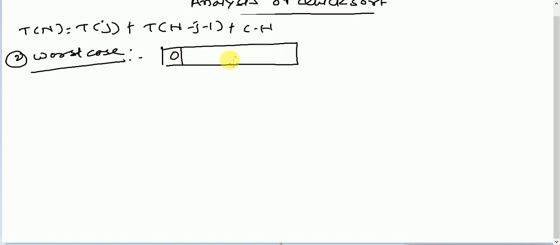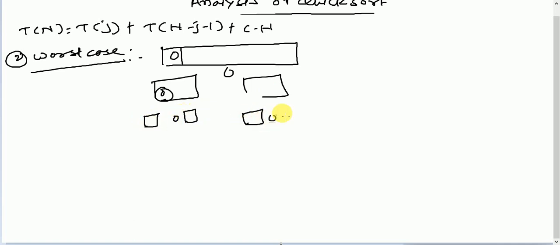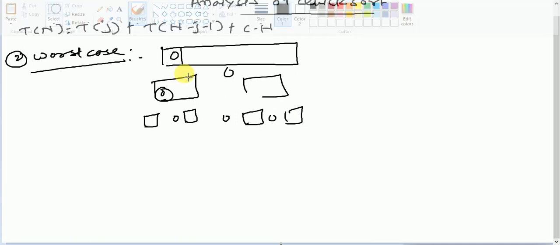In the best case, the pivot position comes over here and we get equal partitioning. Next time again this is my pivot element and the pivot position comes at the middle, something like that. That we have seen. We need a minimum number of comparisons or minimum number of recursive calls in the best case. But in the worst case, what happens here?